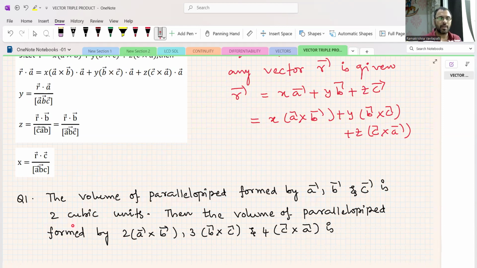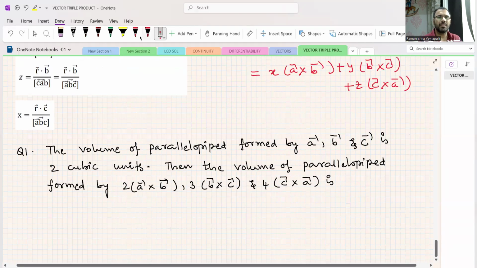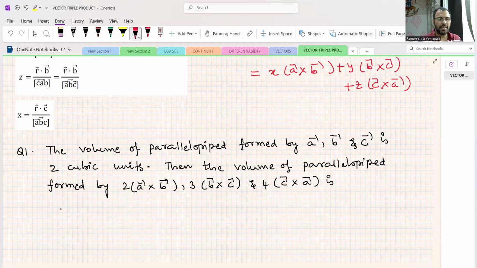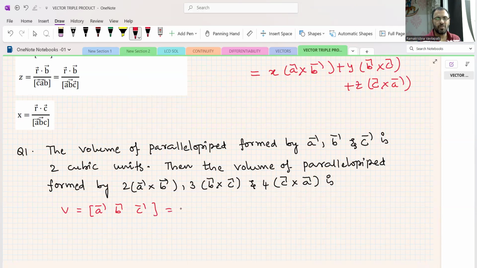Then find the volume of the parallelepiped formed by 2 into A cross B, 3 into B cross C, and 4 into C cross A. Well, suppose the volume of the parallelepiped is equal to V. So V is equal to box of A bar, B bar, C bar. This is the volume of the parallelepiped.